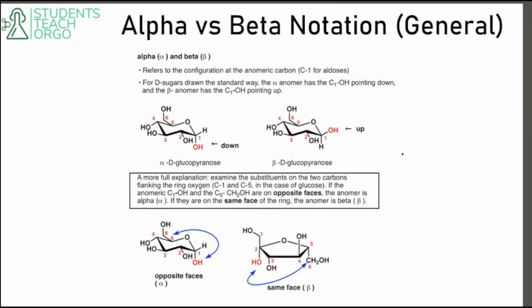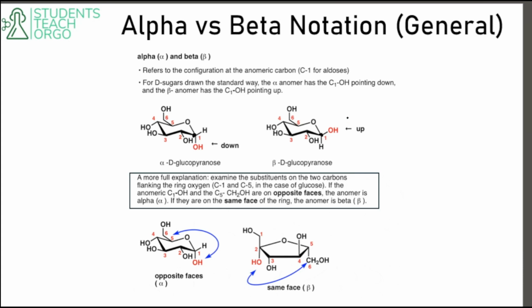In general, however, this alpha-beta notation really describes the configuration at the anomeric carbon. So for aldoses, this is the carbon that's right here, exactly that carbon 1 where the aldehyde is. That's the anomeric carbon, and this carbon right here.